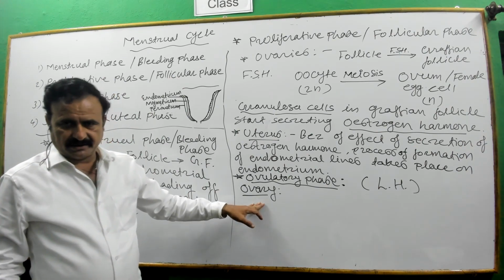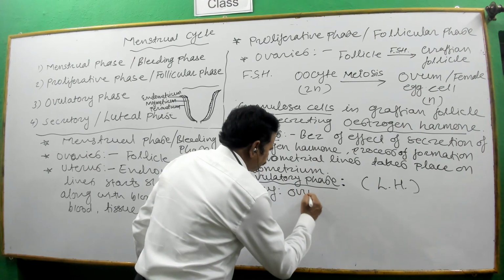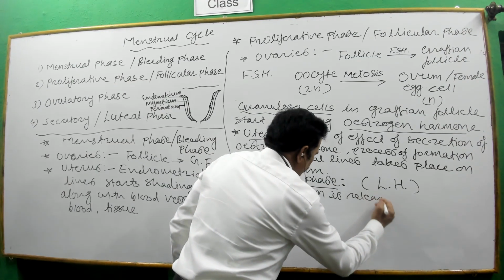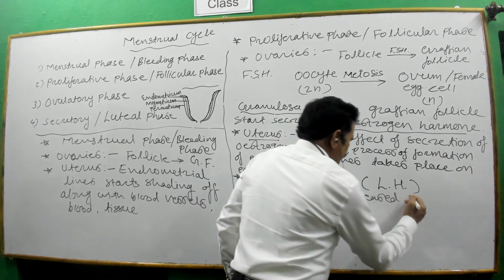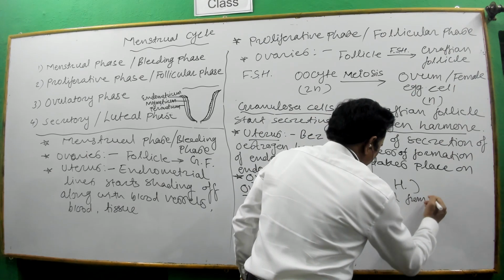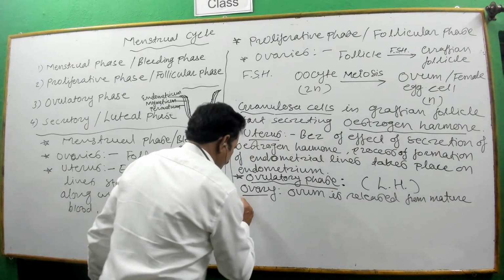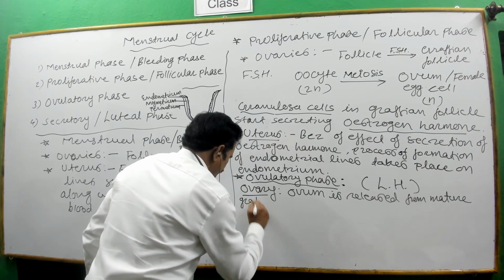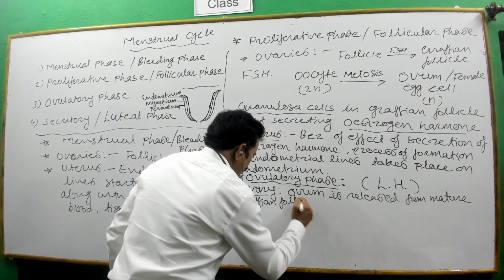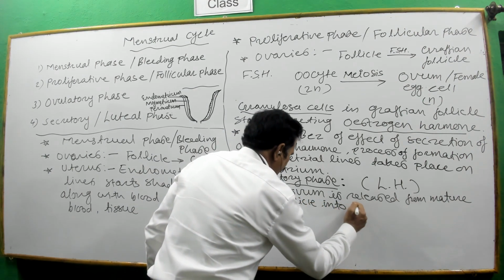Means in this case, from the ovary, the ovum is released from the mature Graafian follicle into which part?